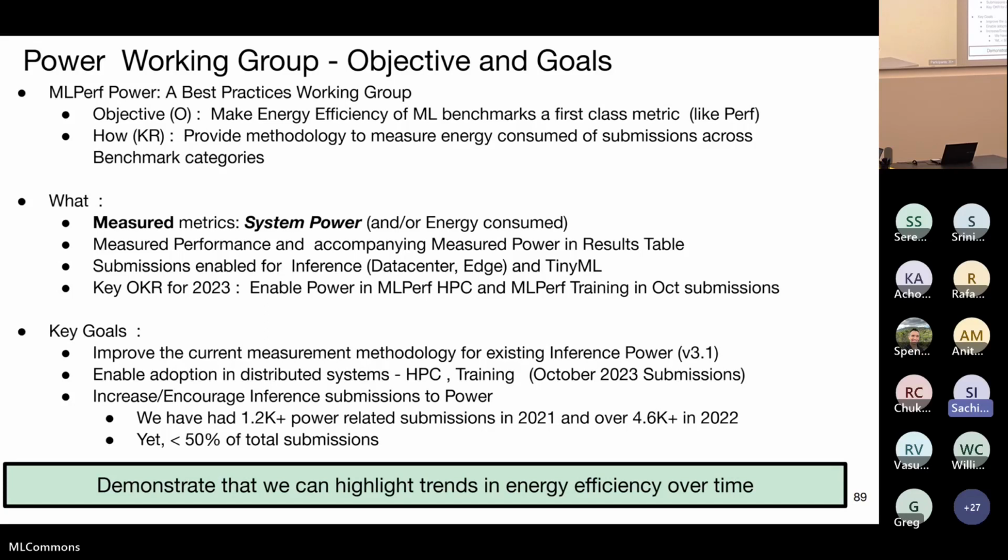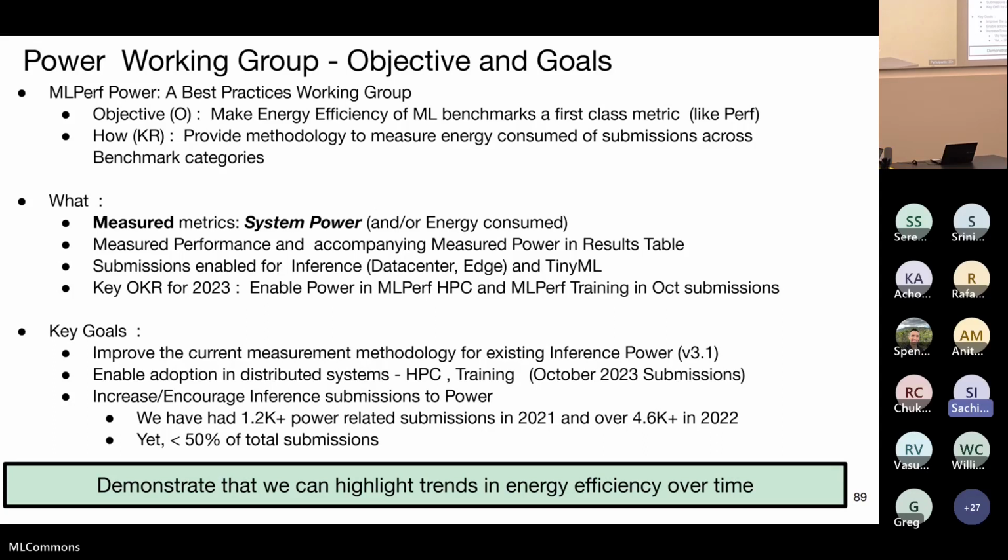There were some sketchy documents around what we should do for power and mobile, but eventually we adopted it for inference, data center and edge. The upcoming one would be the sixth submission for power in inference and edge. And then Tiny has also independently come up with their own methodology, which follows the same methodology where we are tracking energy within the window where performance is measured.